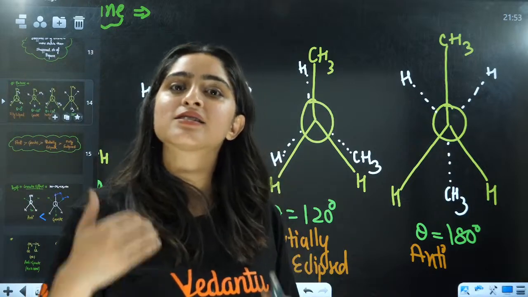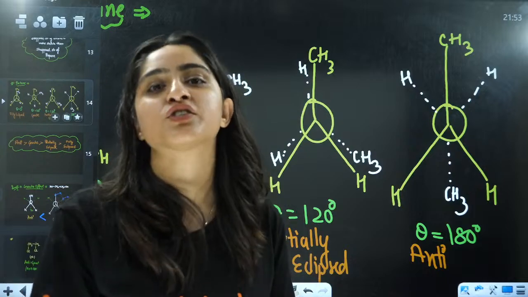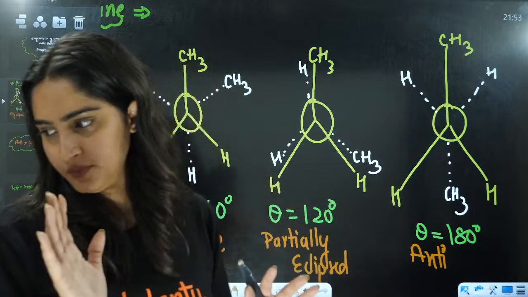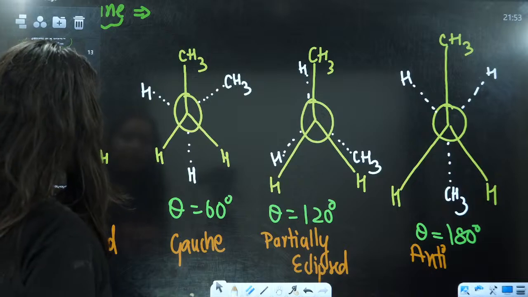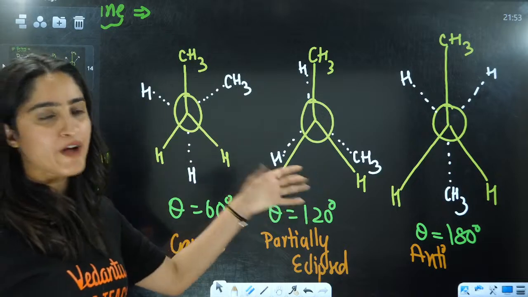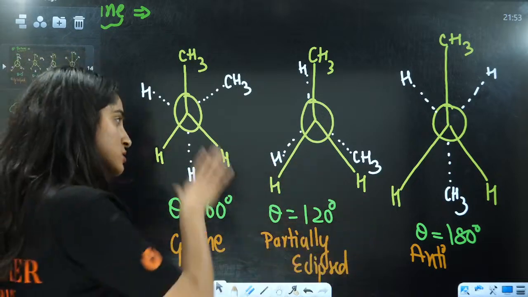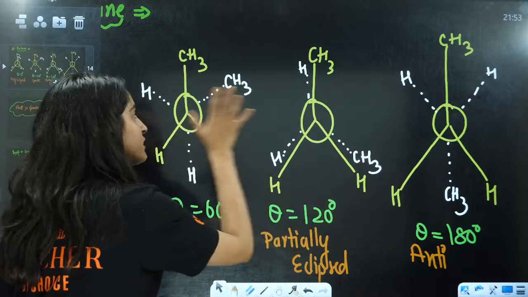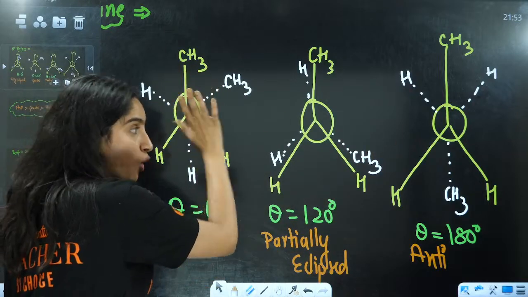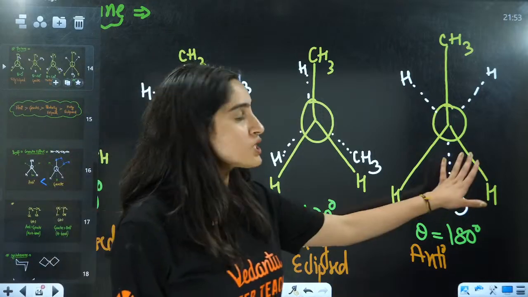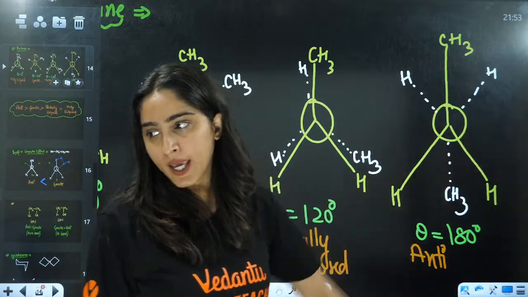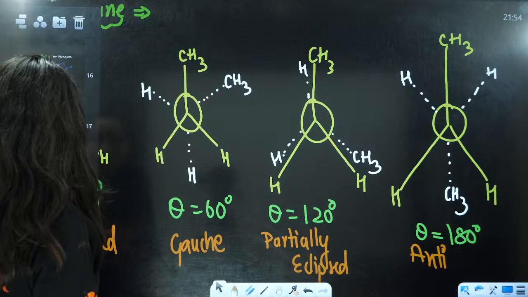Anti and gauche are the subdivisions of staggered. The specific name given to this one is gauche and the specific name given to this one is anti.